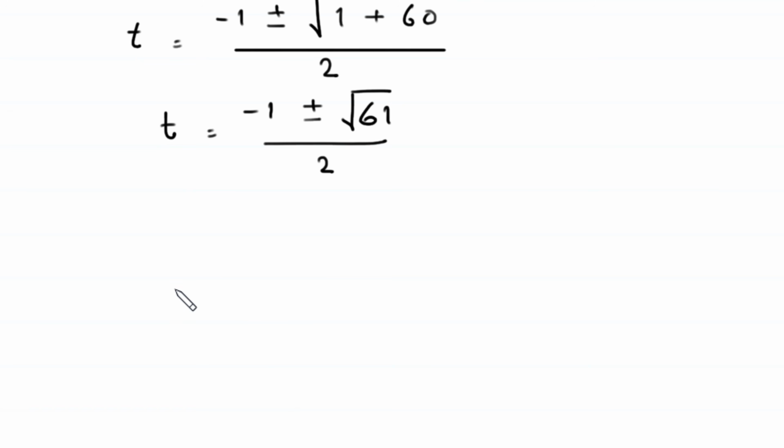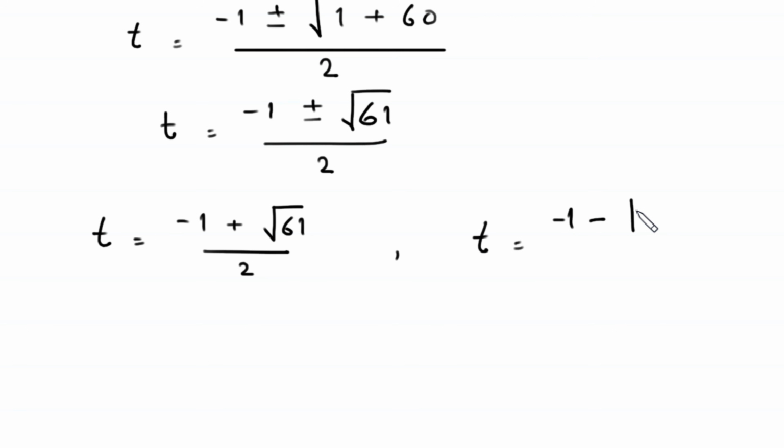It means that we get two values of t: t is equal to negative 1 plus root 61 divided by 2, and t is equal to negative 1 minus root 61 divided by 2.